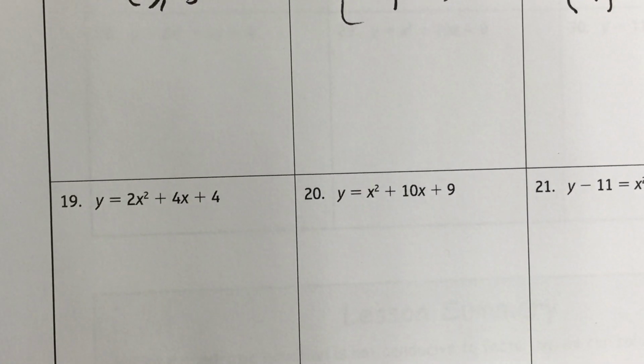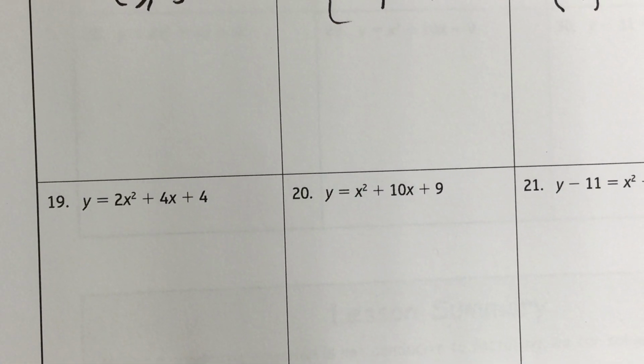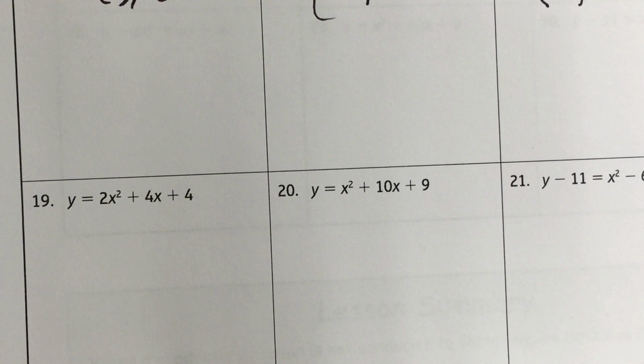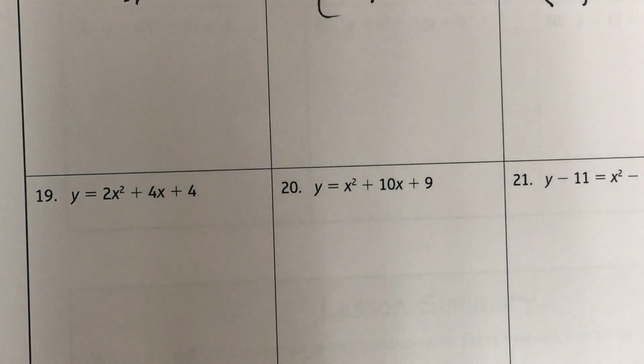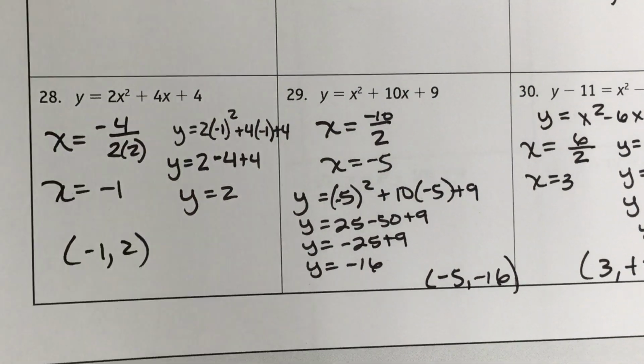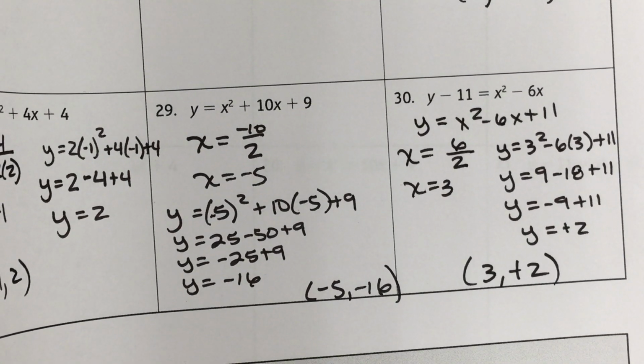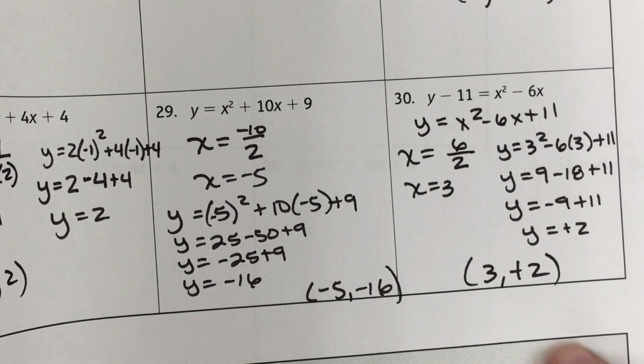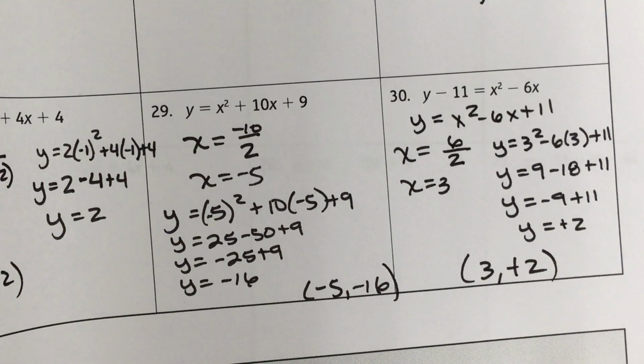These down here, they're just like the ones we did up above, except this time you don't have to multiply out. So do those, and you should have gotten this as your answer for the first two. And the last one, you should have gotten this. Notice how I did negative at first. Should be positive.